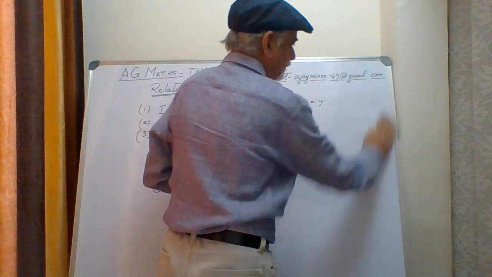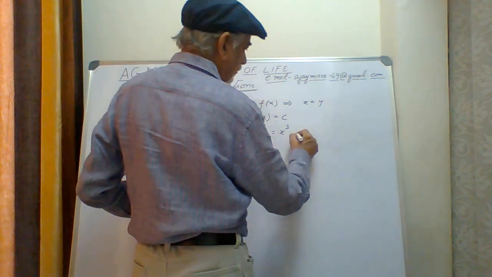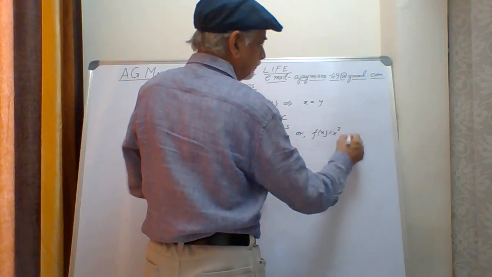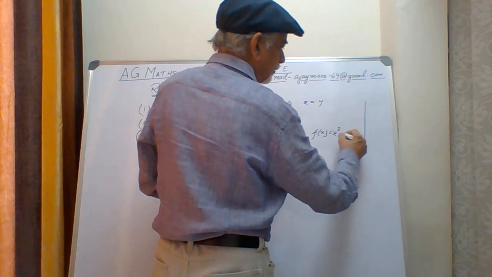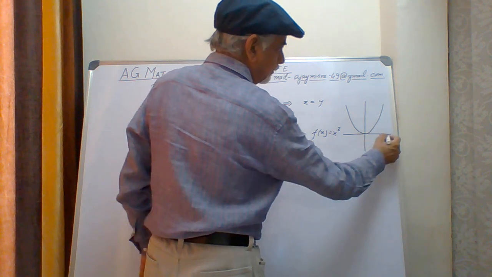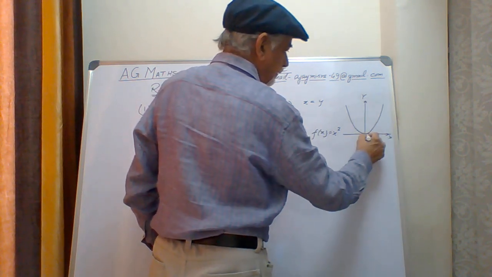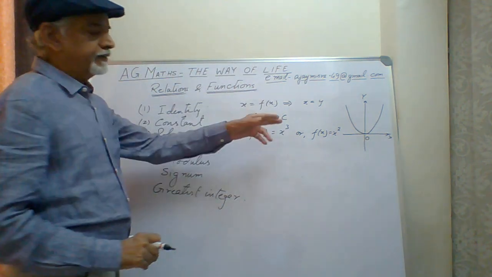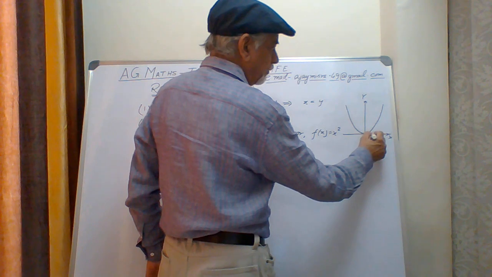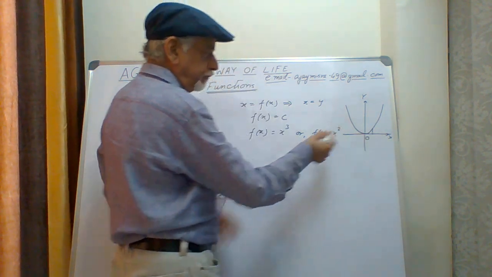Another polynomial, for example, we can draw a parabola, f(x) is equal to x square. What is that? It will look like this. This is your x axis, this is the y axis, this is the origin. If x is positive 1, y is also positive 1. If x is negative 1, y becomes positive.